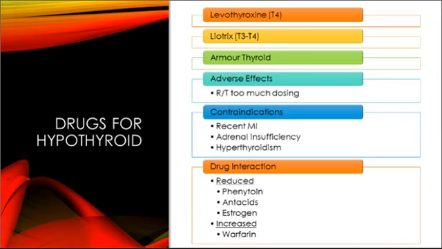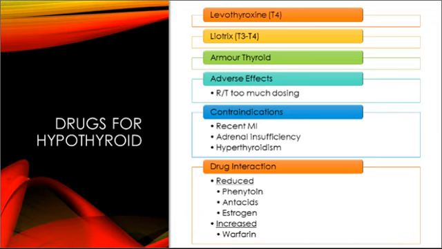There's a few drug interactions. I divided them into ones where the thyroid hormone will reduce the effectiveness of your phenytoin, antacids, and estrogen. It will decrease the absorption of those three.